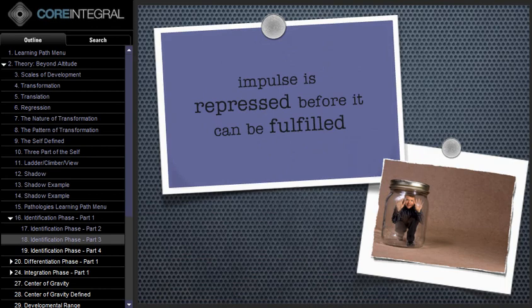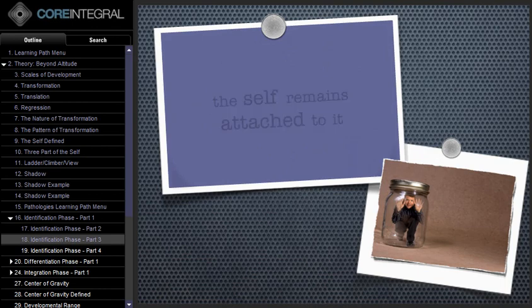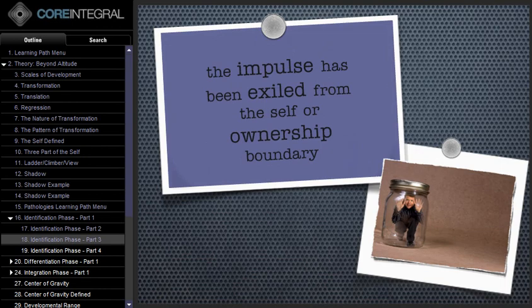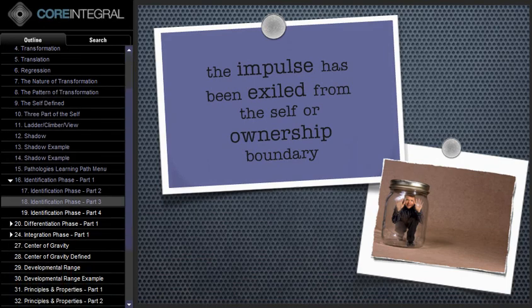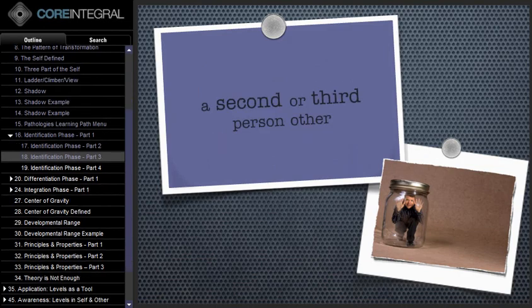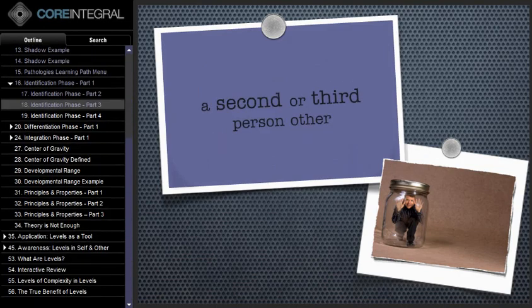Because this impulse is repressed before it can be fulfilled, the self remains attached to it. However, the attachment is distorted into an unconscious one because the impulse has been exiled from the self or ownership boundary. Because this impulse has been repressed and projected, it becomes converted from a healthy first-person impulse into a second or third-person other, which now appears even more threatening.